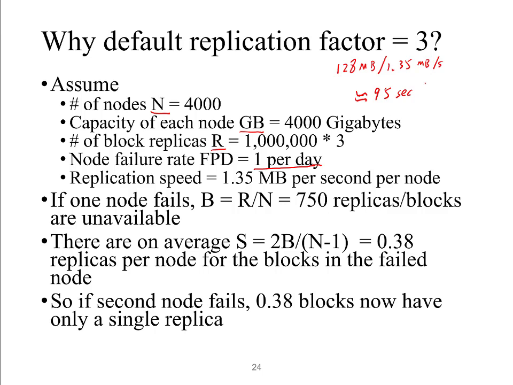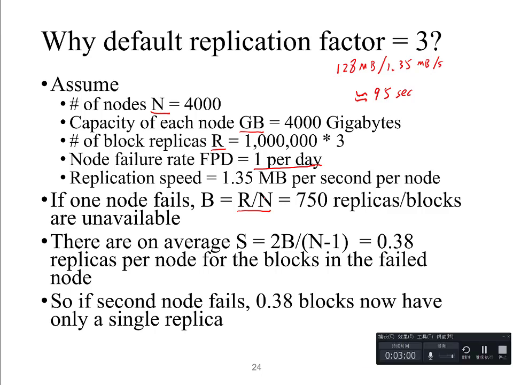All right. So in this case, if one node fails, then there would be R divided by N, which we have done the math for before. Now it equals 750 replicates or blocks that are unavailable.